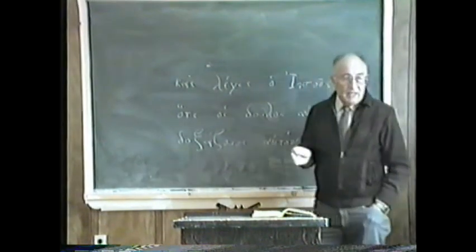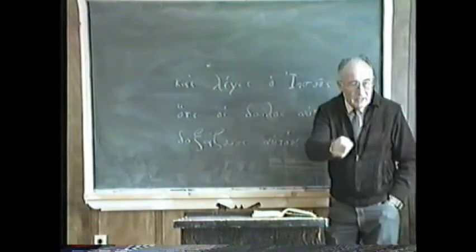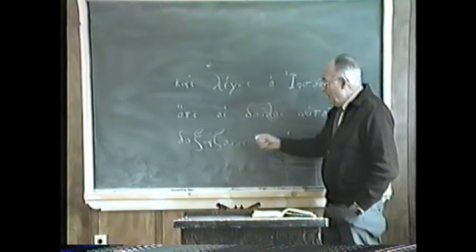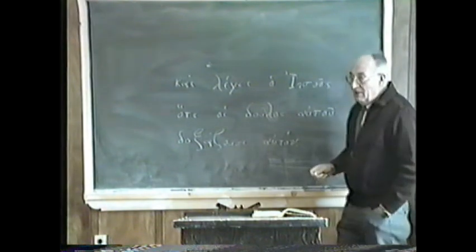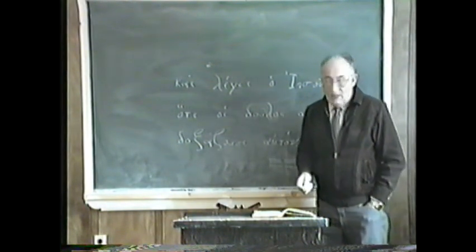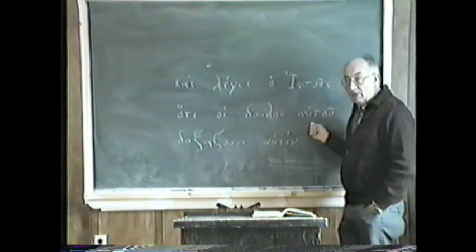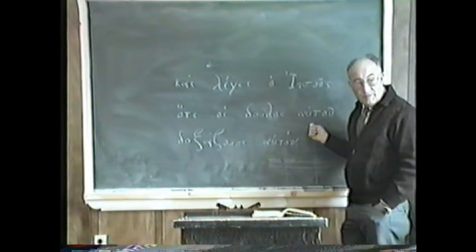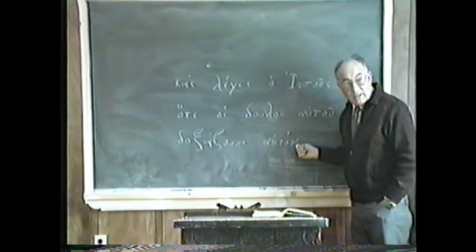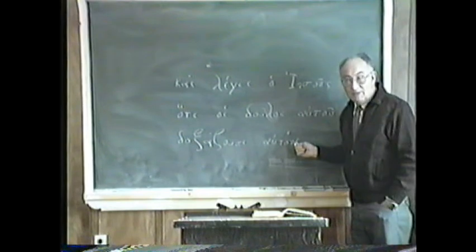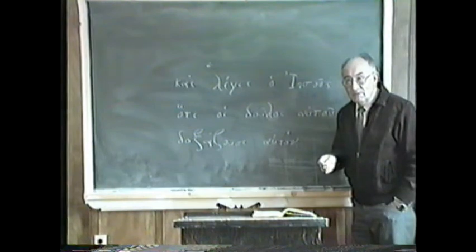So, immediately, in light of this particular lesson, this example gives you help concerning the pronoun, not as an intensive or identical, but as what kind of a pronoun? If it's not identical or intensive, what kind of a pronoun is that? It's a personal pronoun.